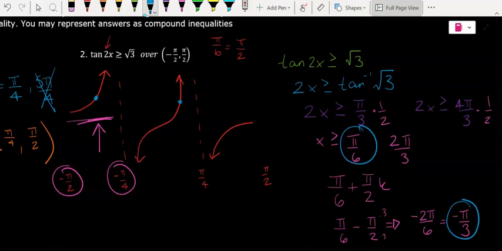So now I've got to write it as my interval. I'm going to look, this is tangent 2x is greater than or equal to. So that means I'm going to be looking at these sections right here.